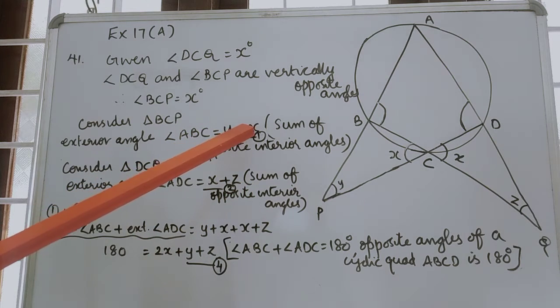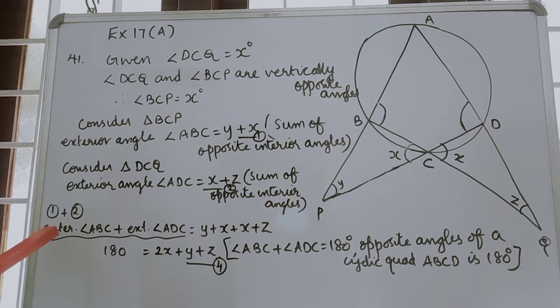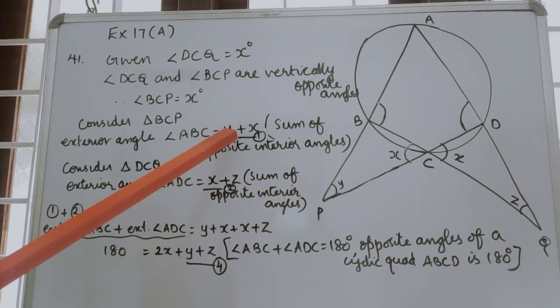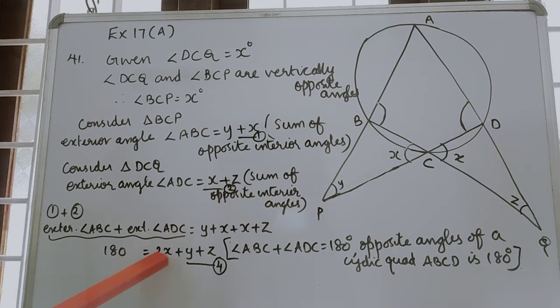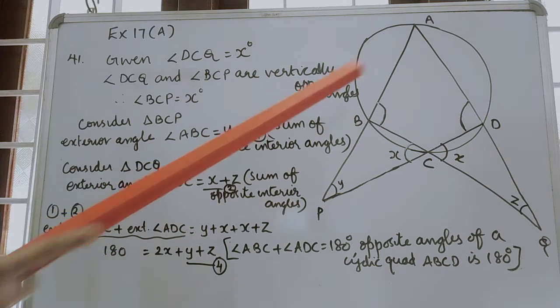Adding equation 1 and 2, exterior angle ABC plus exterior angle ADC is equal to y plus x plus x plus z, which is equal to 2x plus y plus z on the RHS. Then what will happen for the LHS? Look at the figure.